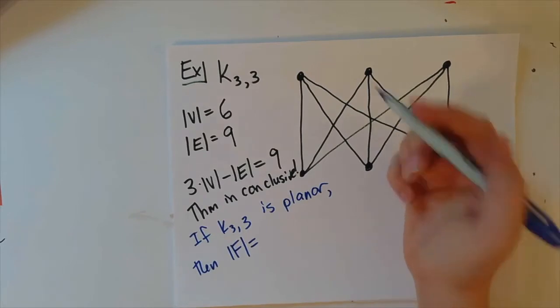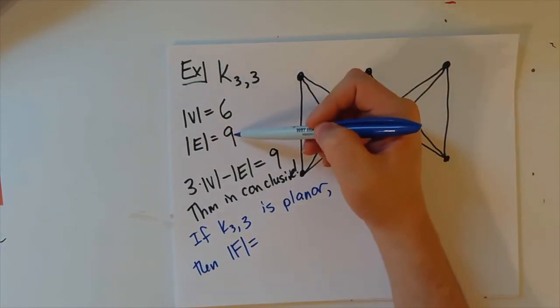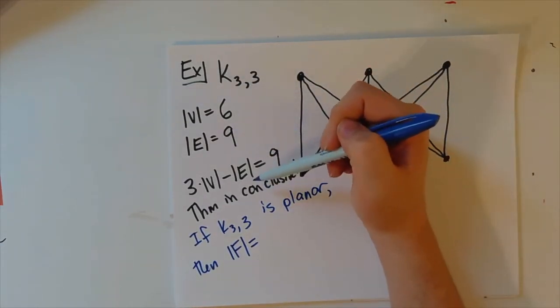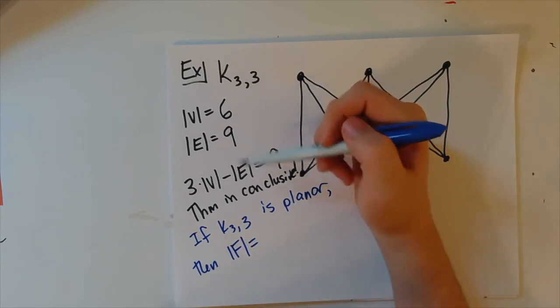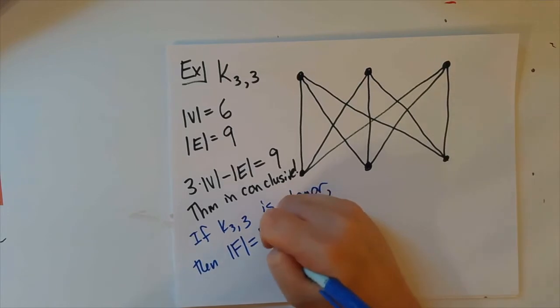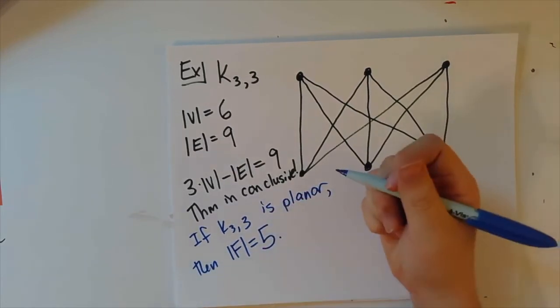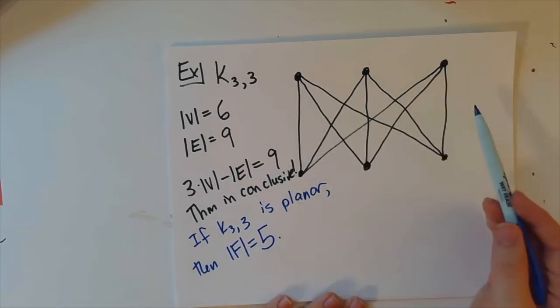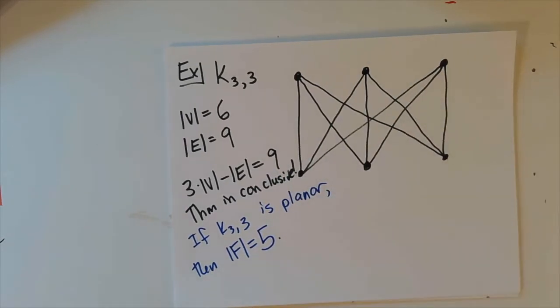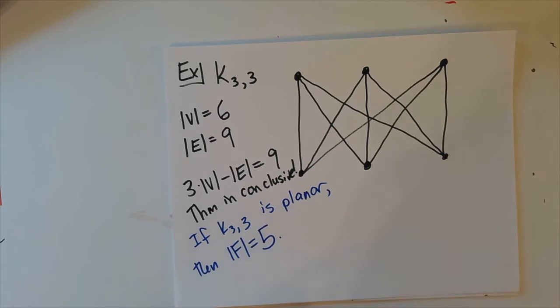Well, remember, vertices minus edges plus faces is always 2. So 6 minus 9 is minus 3 plus what is 2? Well, this would have to be 5. So if somehow I can draw this in the plane, then my number of faces here would have to be 5.